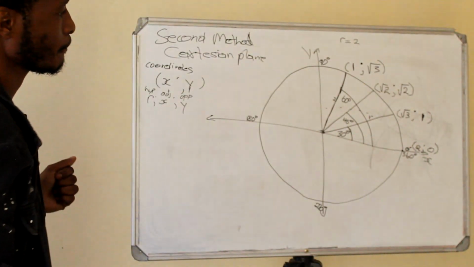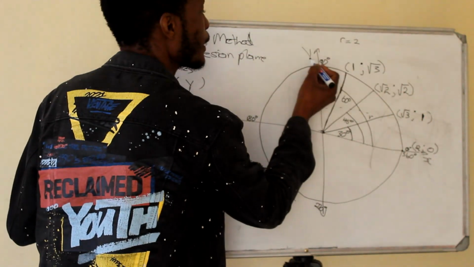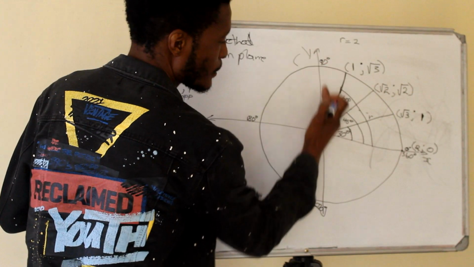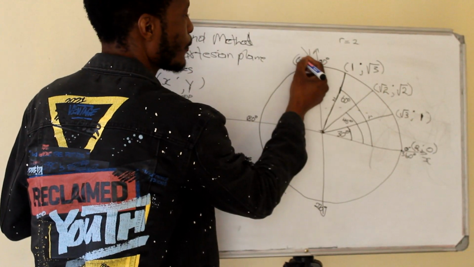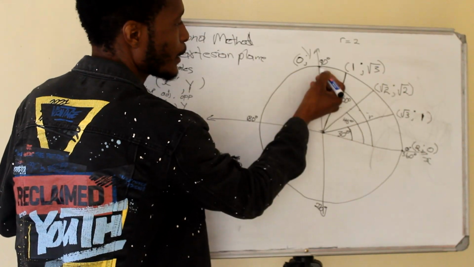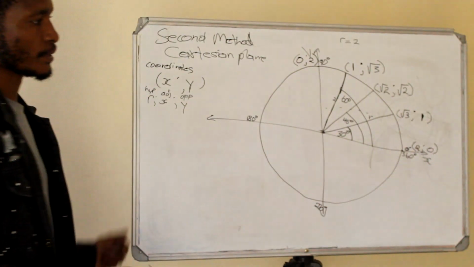Beautiful. Now at the top point, x is 0 and my y is the distance from here to here, that's going to be 2 units.